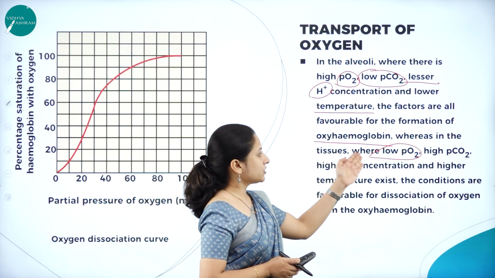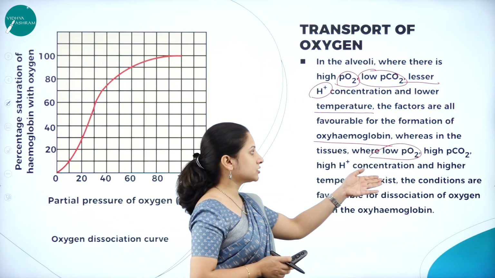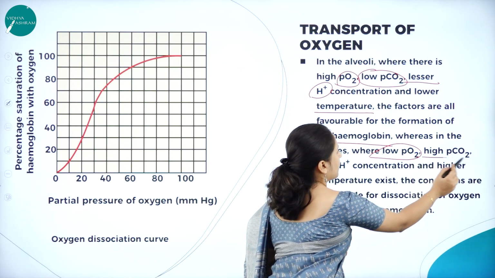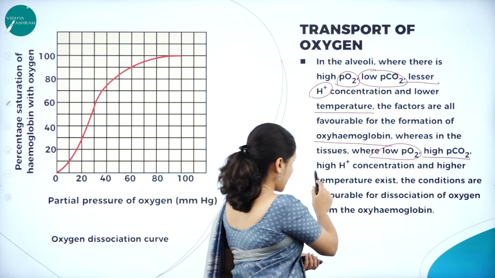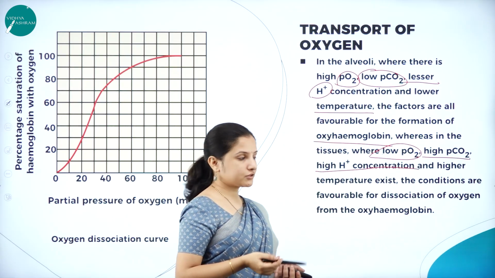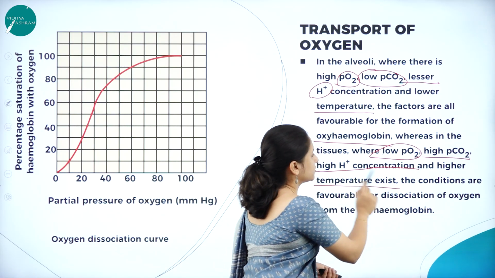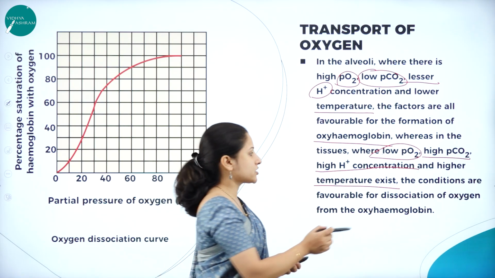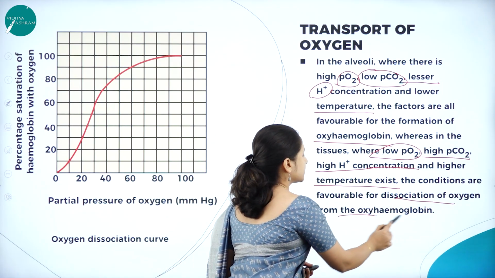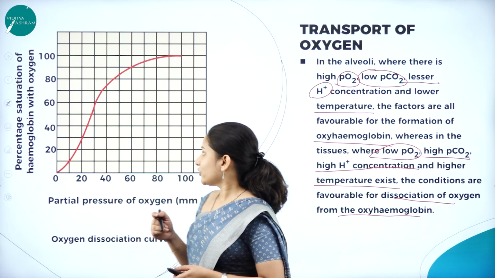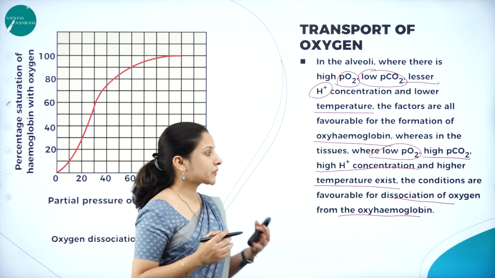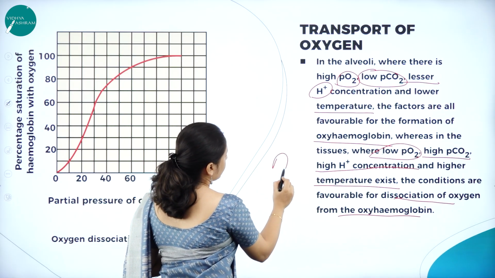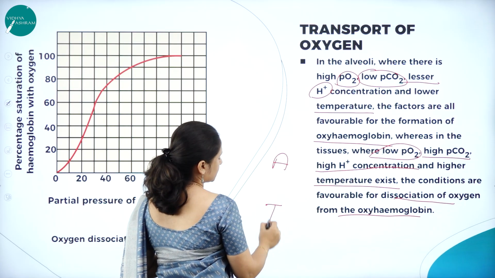So, in the tissues, the partial pressure of oxygen is low, the partial pressure of carbon dioxide is high, the hydrogen ion concentration is also high and the temperature also is high. So, these conditions are favorable for dissociation of oxygen from the oxyhemoglobin. Now, to make you understand, okay, so this is the alveoli, this is the tissues.